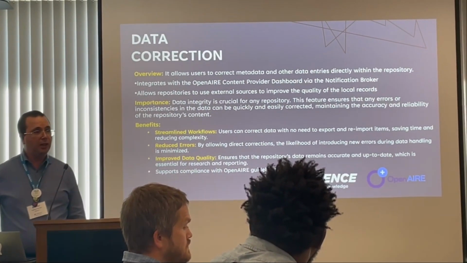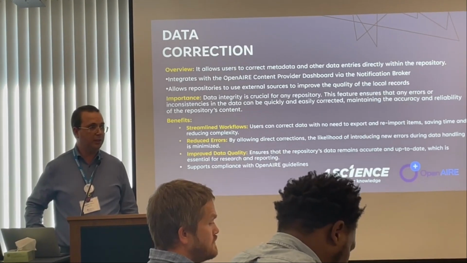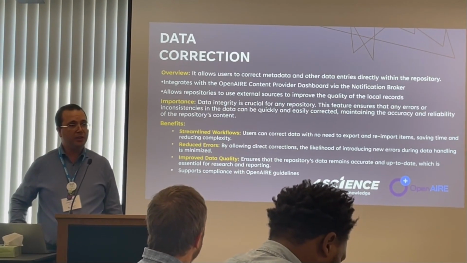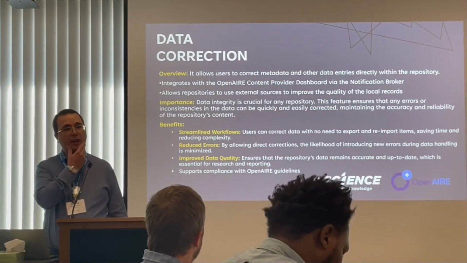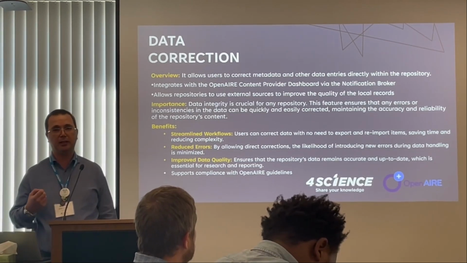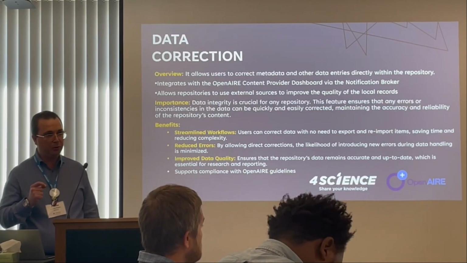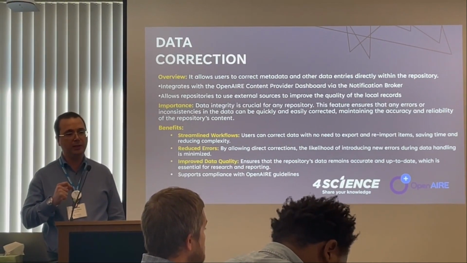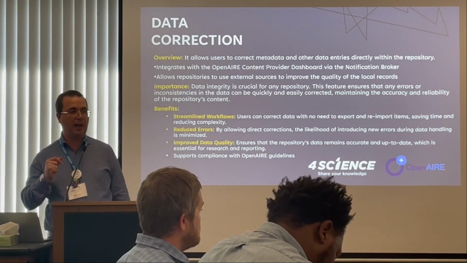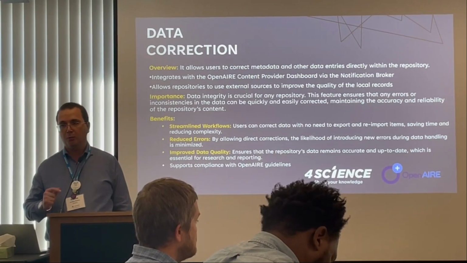The second framework that has been introduced in DSpace 8 is the data correction. What is the idea of the data correction? The data correction is to keep the quality of your data as accurate as possible, but also keep the quality of the data in the open science repository network as high as possible.